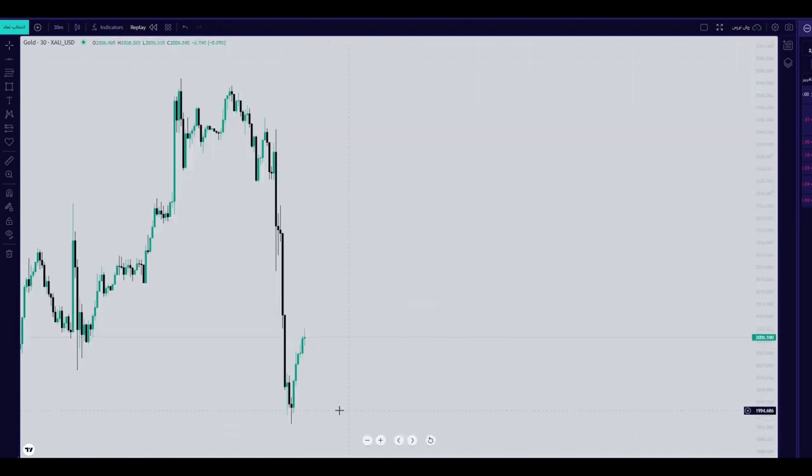Let's do some backtesting with this strategy of using order blocks.